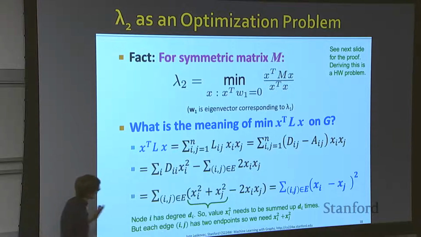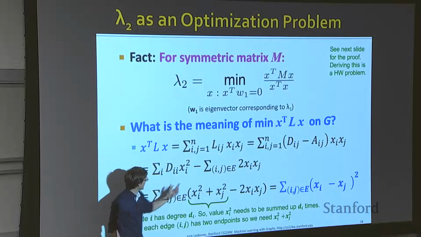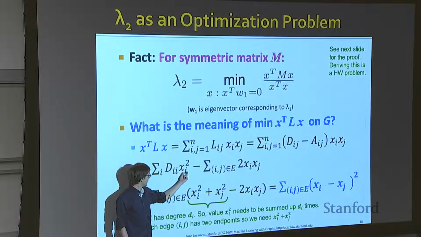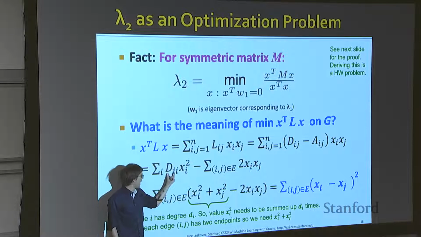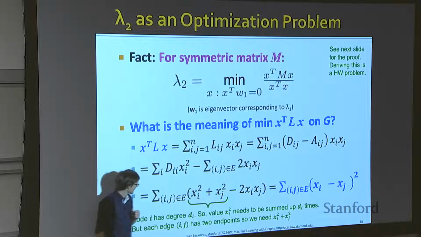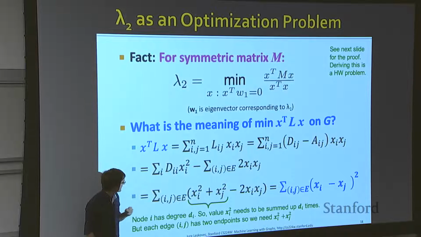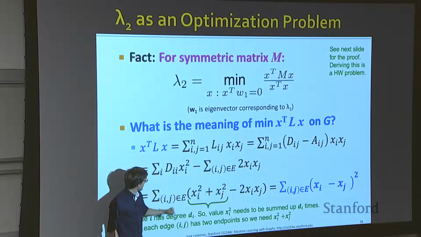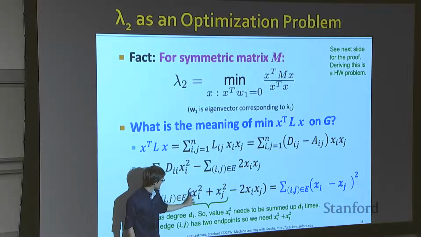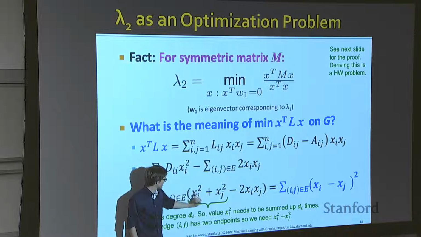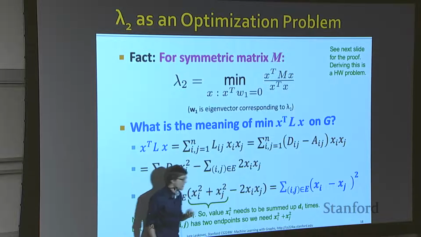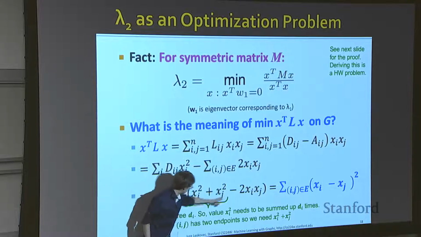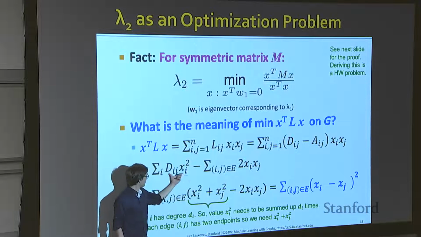Let me keep massaging this further. What I notice is the following. If I ask how often I sum up this xi squared, I sum it together d times. So I can rewrite this in terms of a summation over the edges, where I write xi squared plus xj squared. Why is this summation equal to this summation?